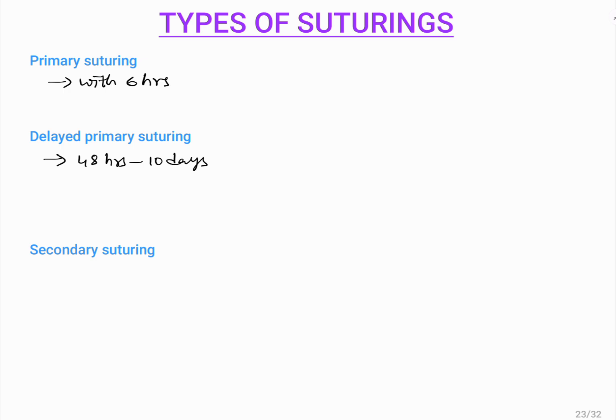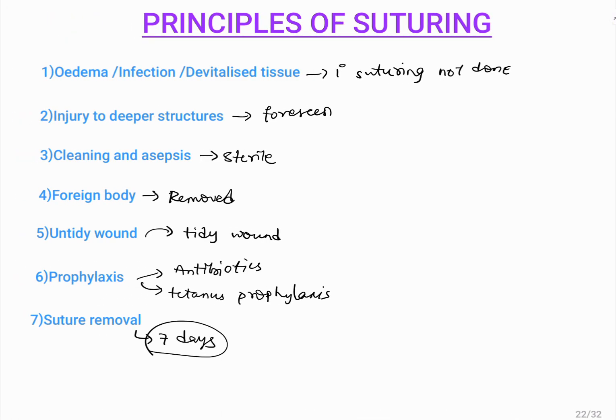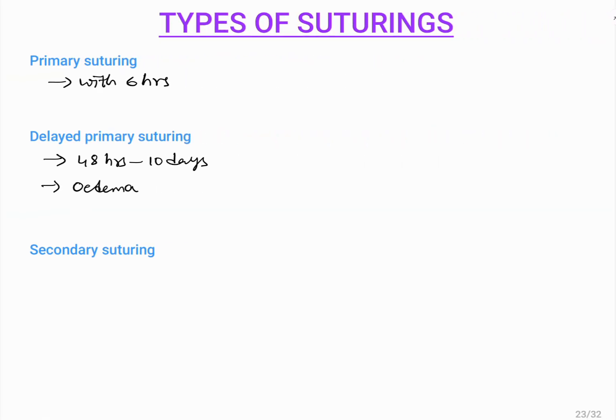Here, time is allowed for subsiding of any edema which is present at the site of wound. If there is edema or infection at the site of wound, primary suturing is avoided. So, that's why we conduct the delayed primary suturing after subsiding of any edema present at the site of wound.